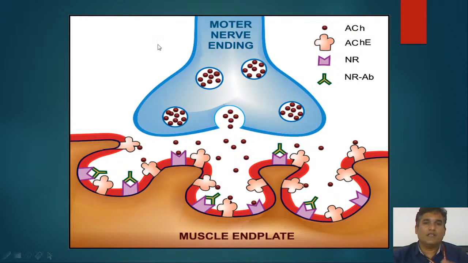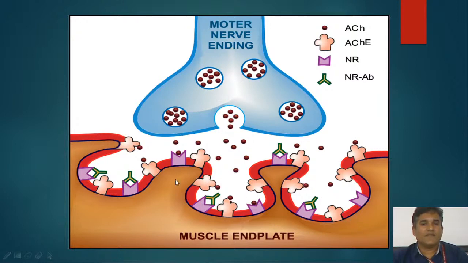Here you see the neuron, which innervates the skeletal muscles, and the receptor is the NM receptor.